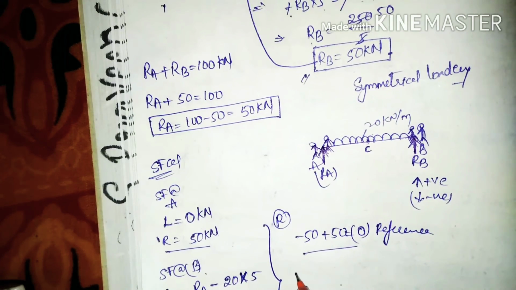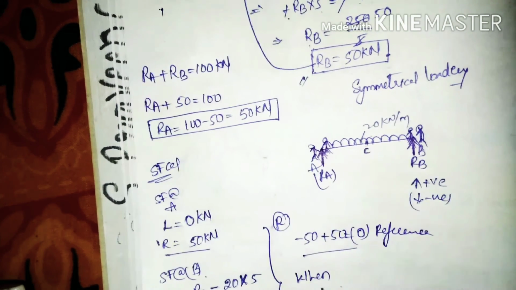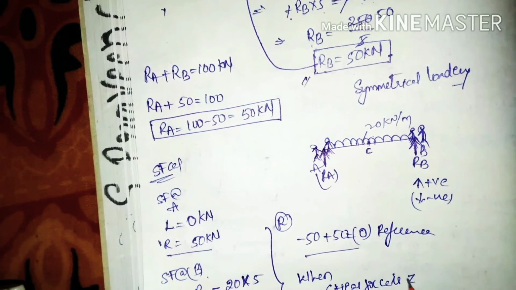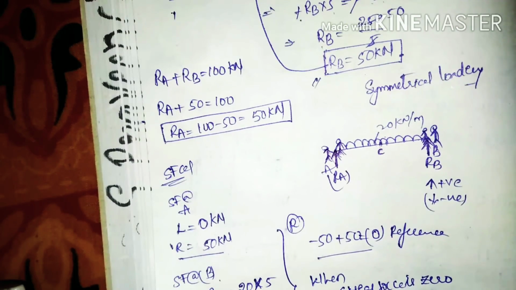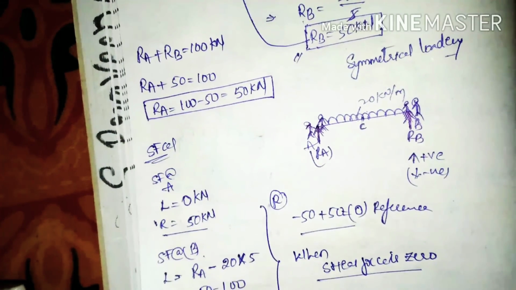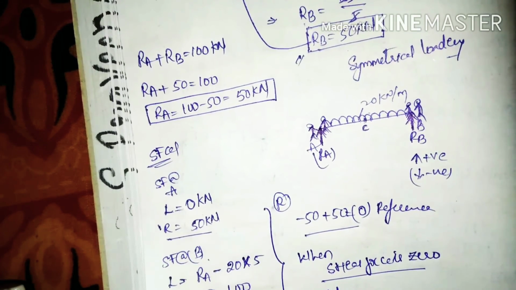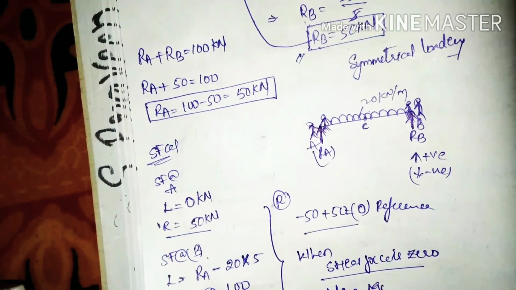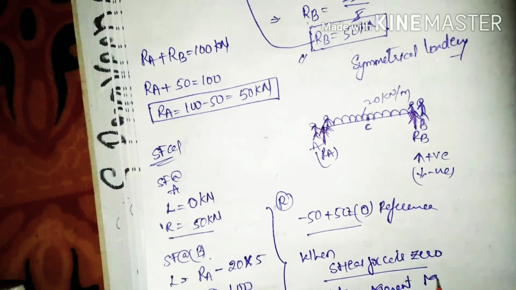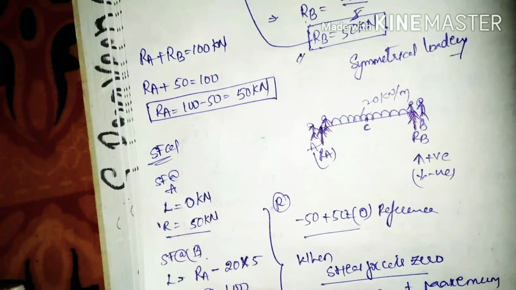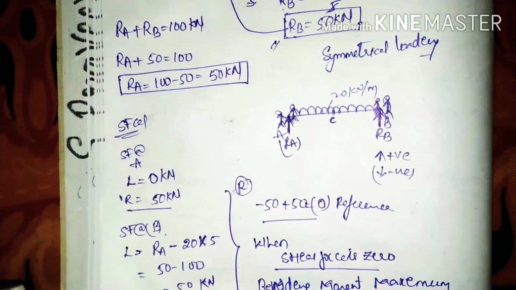Here, when shear force is 0, bending moment is maximum. When the shear force is 0, the bending moment is going to be maximum at that point.